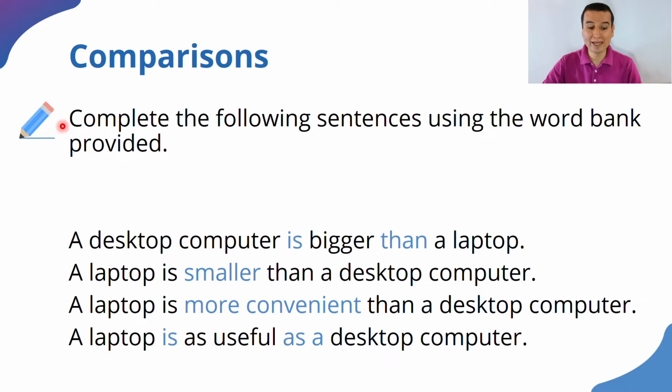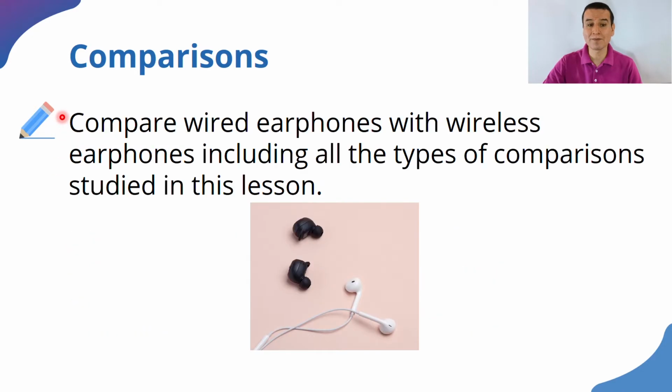And let me show you the next practice activity. It says, compare wired earphones, those earphones that have a cable, a wire, earphones that go in your ears. The ones that cover your head are called headphones. Compare wired earphones with wireless earphones, the ones that don't have a wire, don't have a cable, you just plug them in your ear, including all the types of comparisons studied in this lesson.